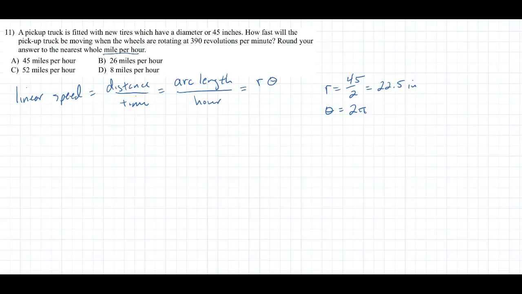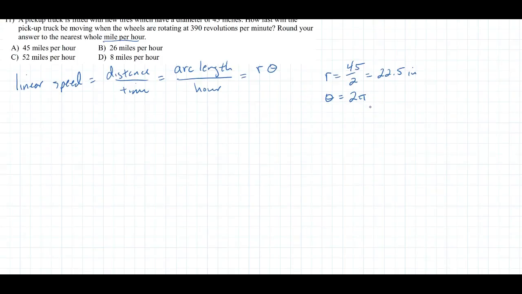But we can do 390 of those in 1 minute. So it's 2 pi times 390. That's 780 pi radians total that we travel.